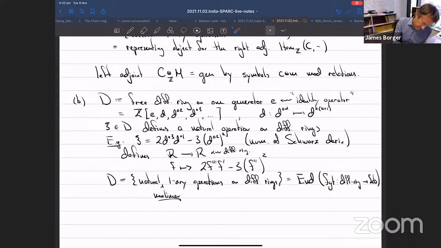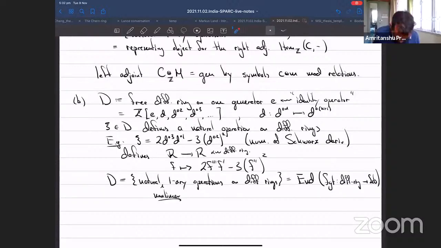If you took the forgetful functor to abelian groups, then it would be all linear combinations of the nth derivative operations: ZD, polynomial algebra. Yes, exactly.